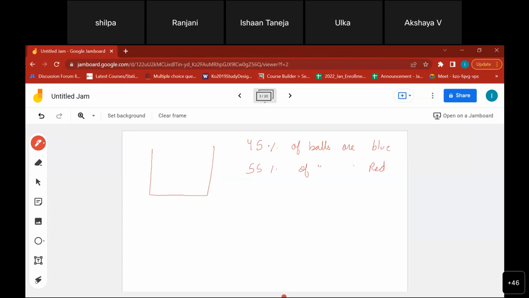Among all the balls, you know that within this box, 40% of balls are metallic, and the remaining 60% of balls are plastic balls.